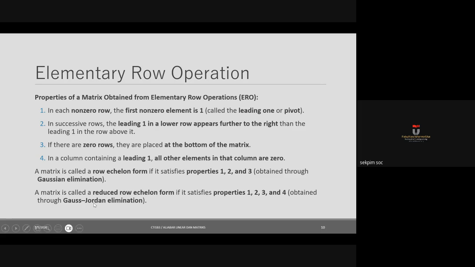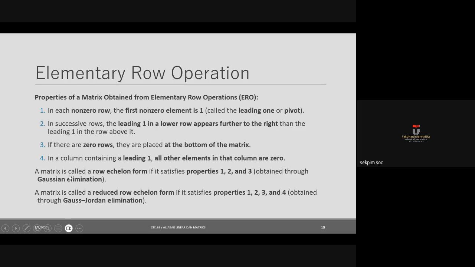After we do several elementary row operations such that the matrix forms like this, satisfying conditions 1 to 4, it's called row echelon form. Okay, and we can use this to change a regular matrix to row echelon form.